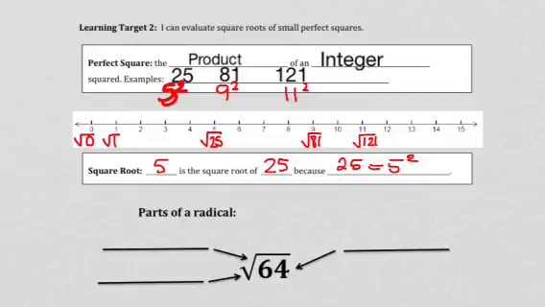Now think to yourself, what is 2 times 2? 2 times 2 equals 4. So the square root of 4 is equal to 2.